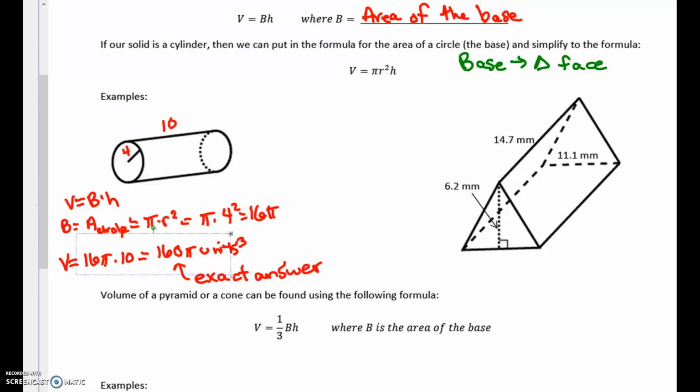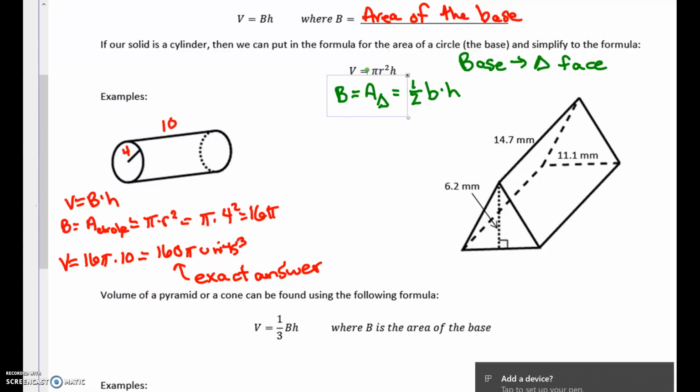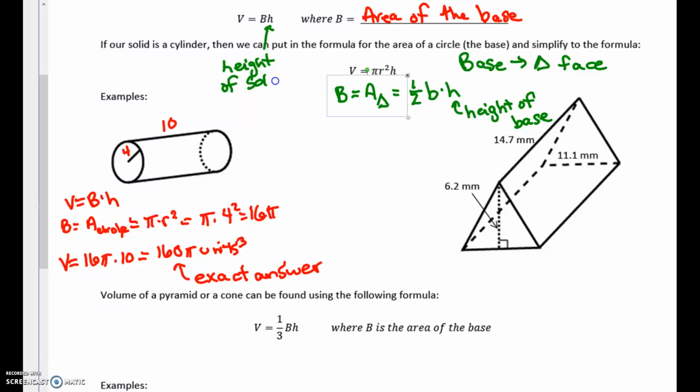Now, that means that capital B is going to be my formula for area of a triangle, which equals 1/2 base times height. Now, be careful. This base and height are different than the base and height in my volume formula. This height is the height of my base, which is different than this height here, which is the height of my solid.